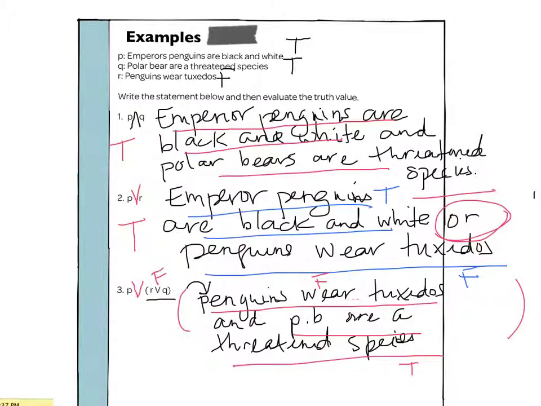Now we want to write that with P. If we look up at the top, we know P is true. Since this is an and, if P is true and this other part we've determined to be false, then this whole entire statement has to be false, because both parts would have to be true.